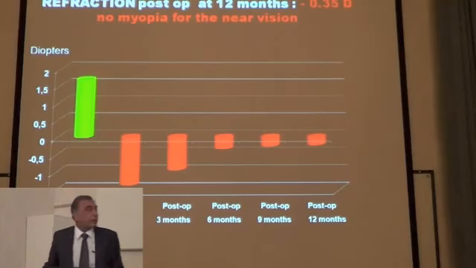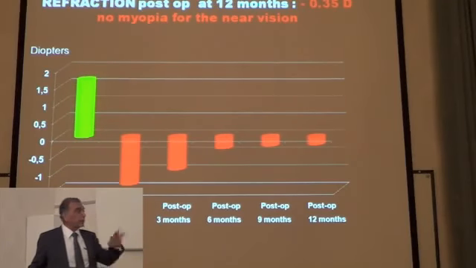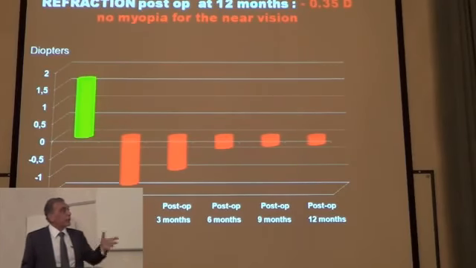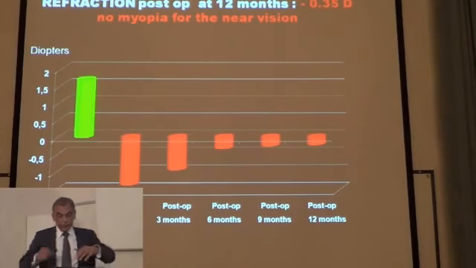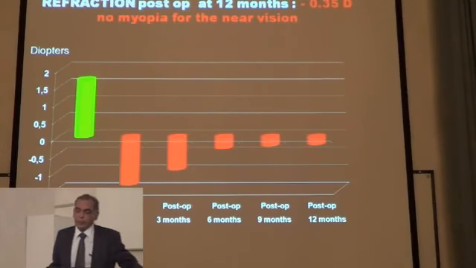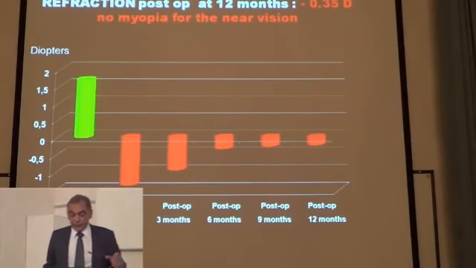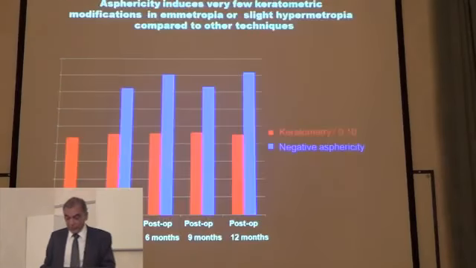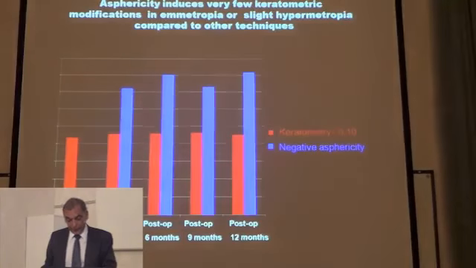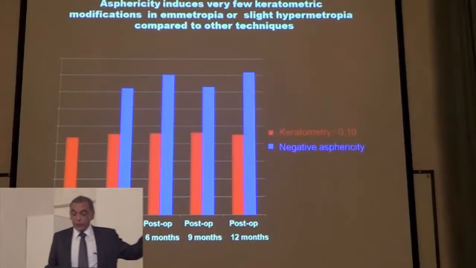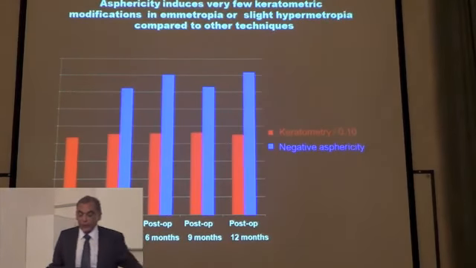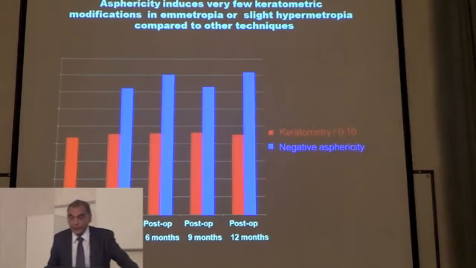Klaus Fenbaum spoke this morning about PresbyCor, a software like ours, but I think PresbyCor plays more on dioptric power, and we play more on aspheric treatment. And I think it's different because we have no problem in distant vision with the aspheric treatment. Asphericity induces very few keratometric modifications in emmetropic or slight hyperopic patients.